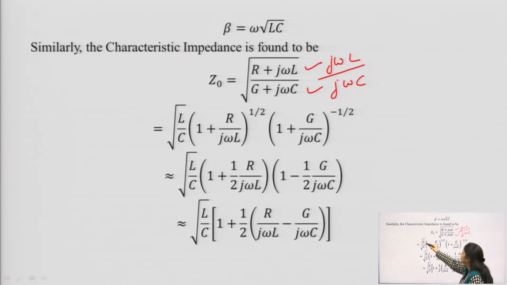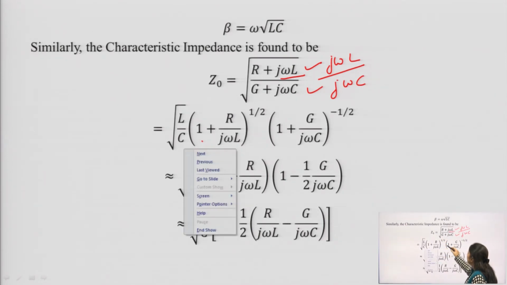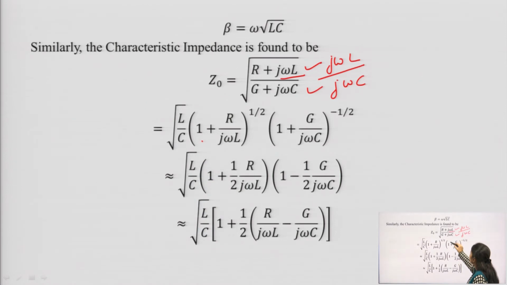So, we get under root L upon C, multiplied by 1 plus r upon j omega L to the power half, that means under root, and we divide the denominator expression by j omega C. So, we have 1 plus g upon j omega C on the denominator.